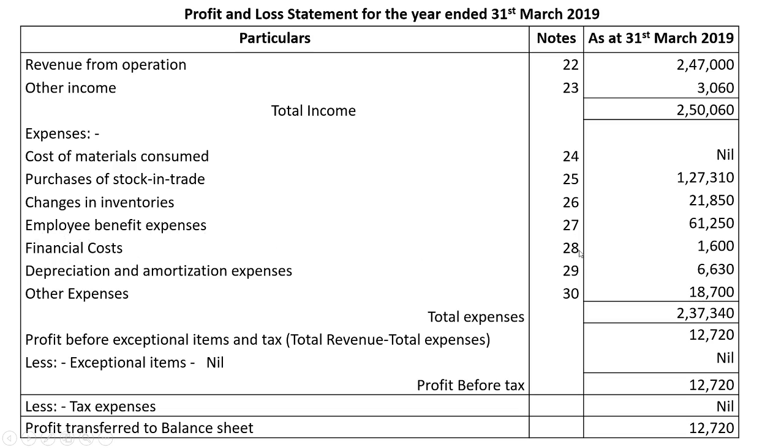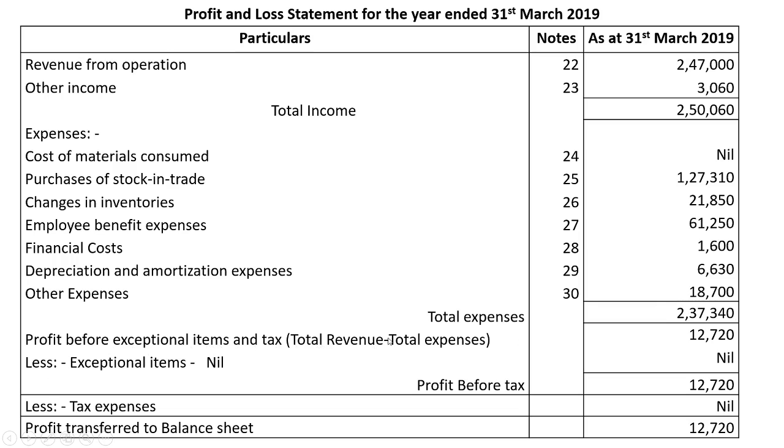Financial cost, note number 28, that is 1,600. Depreciation and amortization expenses, note number 29, 6,630 rupees. And other expenses, note number 30, that is 18,700. The total of expenses is 2,37,340.